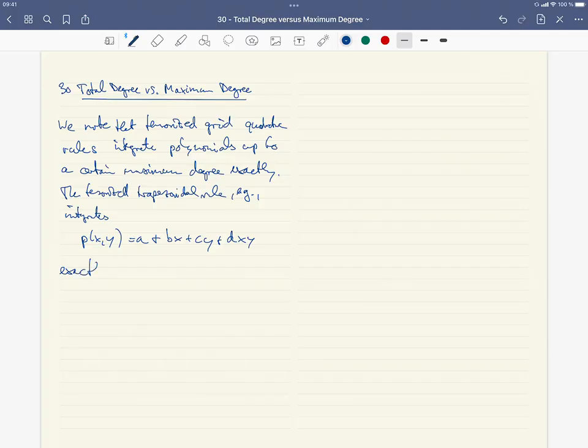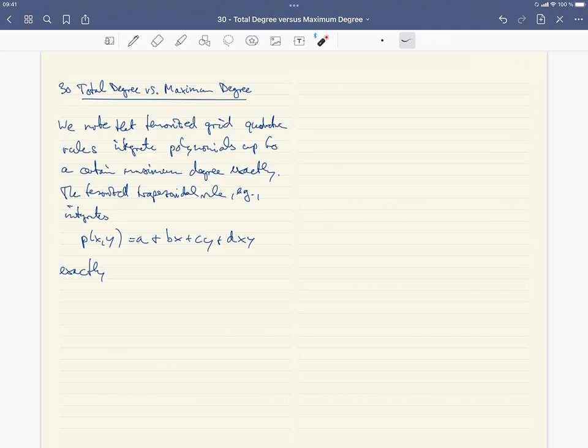Why? Because it's based on integrating such polynomials in every cell exactly. And now the question is if this is a polynomial of degree 1 or of degree 2, because the question is how do you view this term here, x times y.